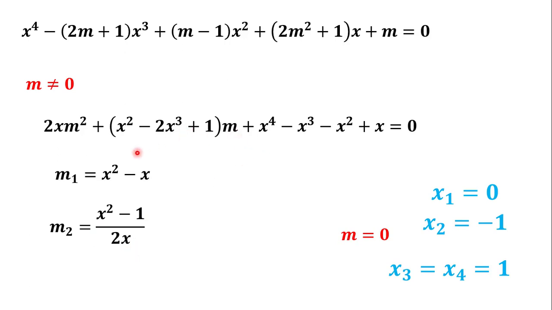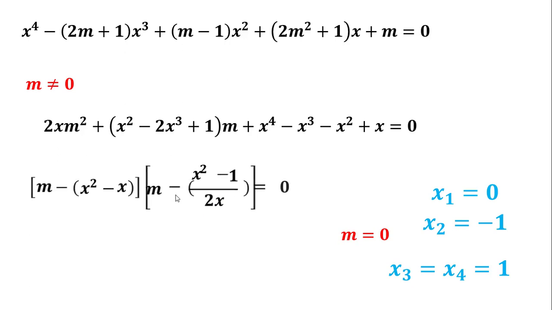So this equation can be written as (m minus (x squared minus x)) times (m minus (x squared minus 1) over 2 times x). Now we can set each of these expressions equal to 0.